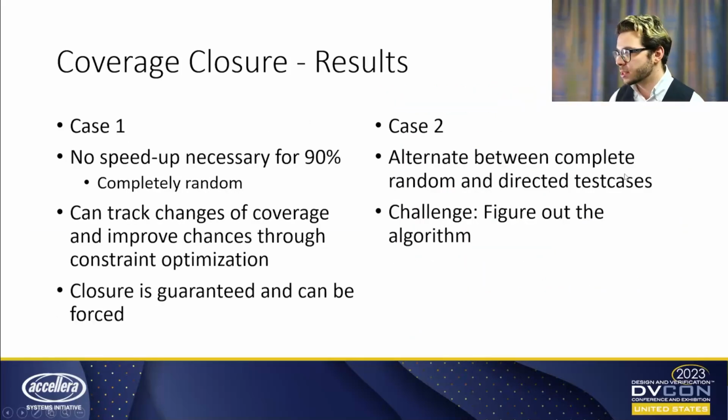Here you can alternate between complete randomness and also directed test cases, so you can get the best of both worlds. A directed test case, when you know exactly what you have to do to the randomization to reach those cases, is going to be incredibly simple.